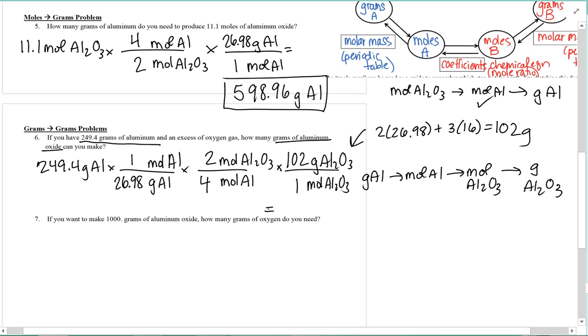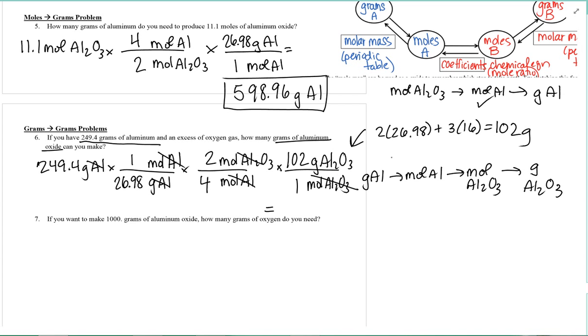Okay, so now I'm going to stop and plug this all in my calculator. Notice grams aluminums cancel, moles aluminums cancel, moles aluminum oxide cancels. I'm left with an answer that is in grams aluminum oxide. So I'm going to take 249.4 times 1 divided by 26.98.